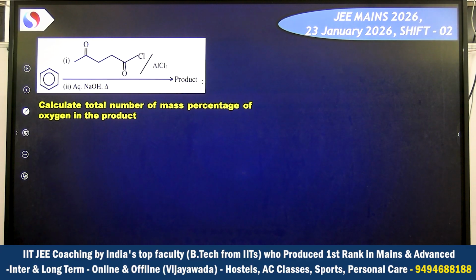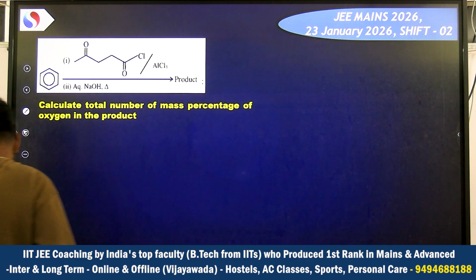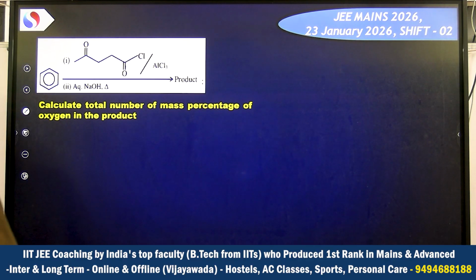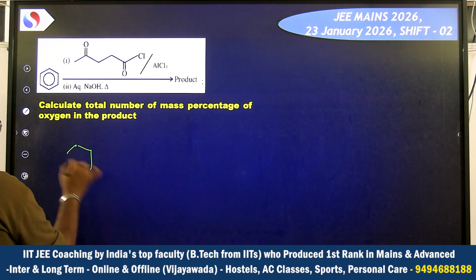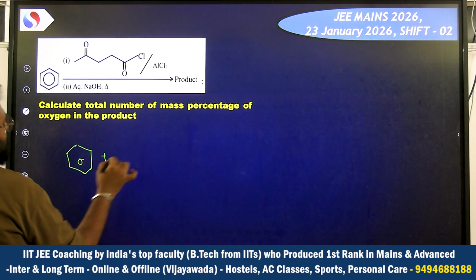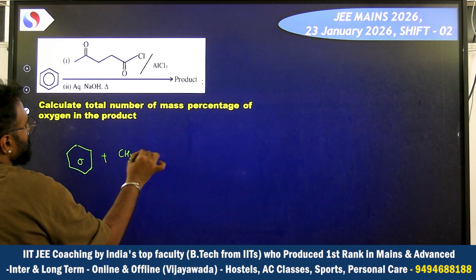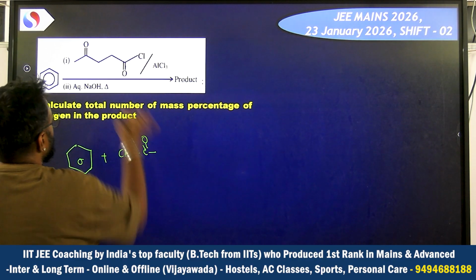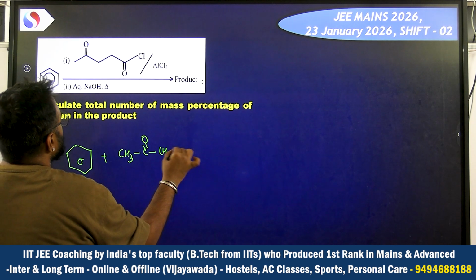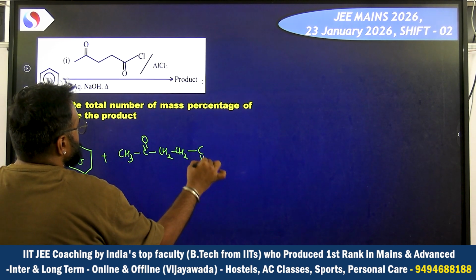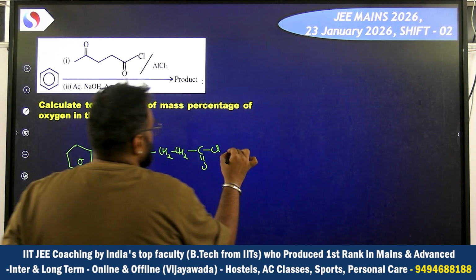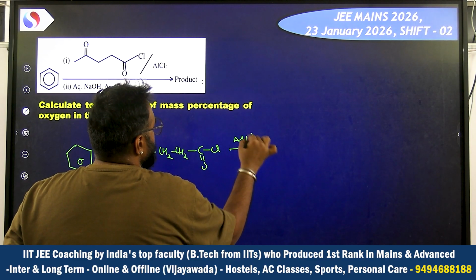Next question. Calculate the total mass percentage of oxygen in the product. Chalo, so let us make the product first for this reaction. The question is saying we have benzene. Benzene reacts with CH3C double bond O, CH2, C double bond O, Cl in presence of AlCl3.